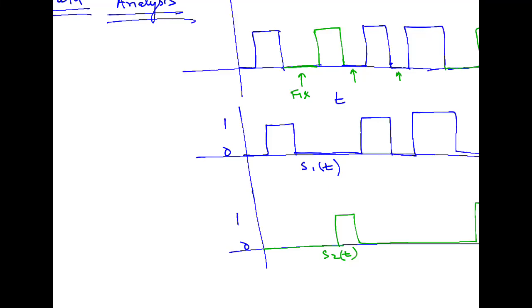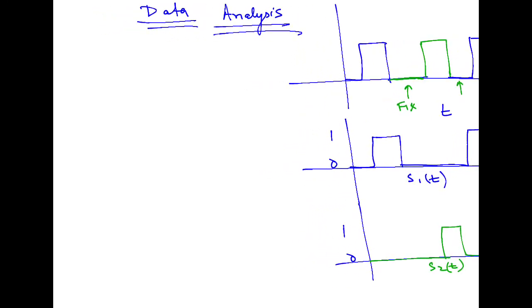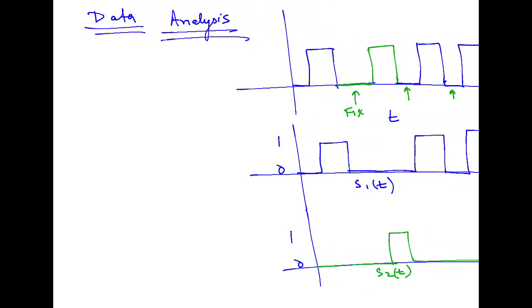Okay, so now what is the analysis that you want to do? You collected the bold data, and now you want to find activated regions. Which brain regions are activated when S1, stimulus 1, is presented?